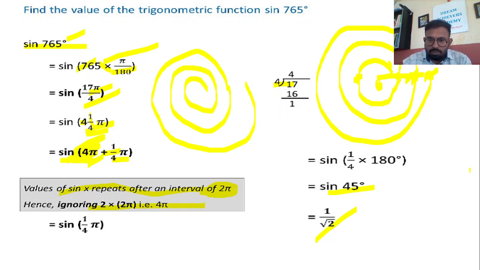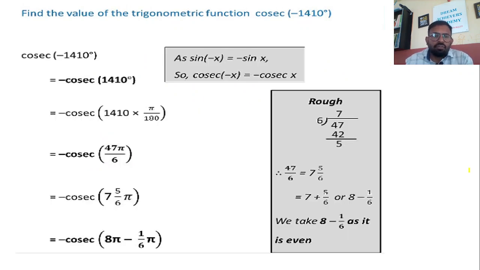Okay, next problem. They are telling us to find the value of this trigonometric function, cosecant of minus 1410 degrees. Here we should know first that sine of minus x is minus sin x, and in the same way cosecant of minus x is minus cosecant x.